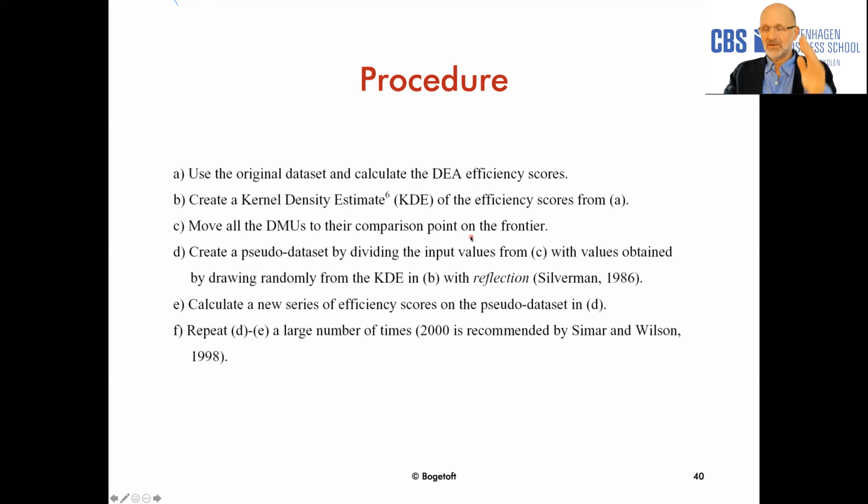So now you have the starting frontier. And then you create a pseudo data set by dividing the input values from here with values obtained by drawing randomly from this kernel density estimator. And then you calculate the efficiency scores compared to this pseudo data set, and you repeat that a lot of times.